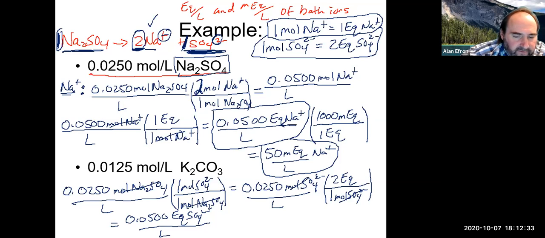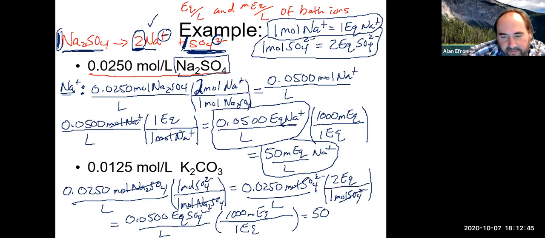And we could then convert that into milliequivalents using the same conversion. 1 equivalent is 1,000 milliequivalents. That will get us 50 milliequivalents per liter of sulfate. So same 2 answers here.